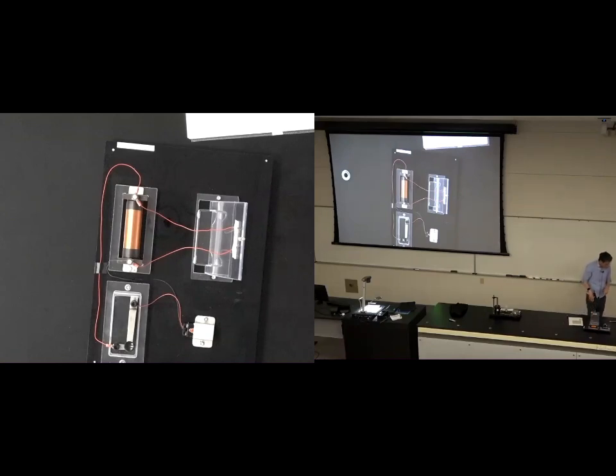I've really got to turn all the lights out. This is not an overly dramatic experiment. I'm just going to see if you can see the lamp flash on. I'm going to close the switch now. And I'm going to open the switch now. I don't know if we see it up there.